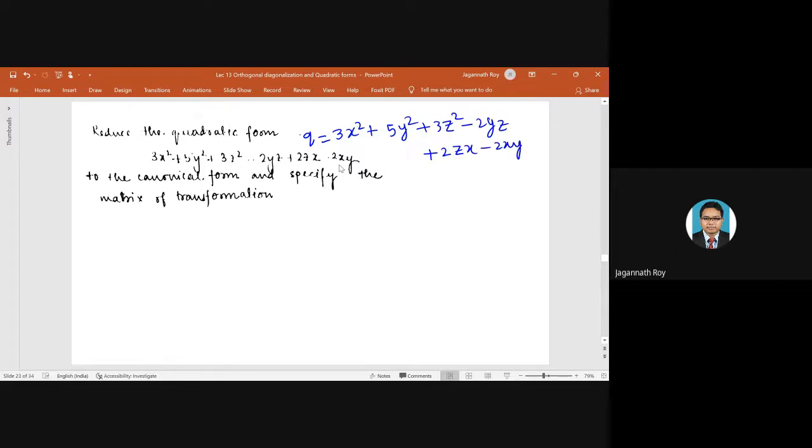If you have this problem, then find the associated matrix, the matrix of the quadratic form.